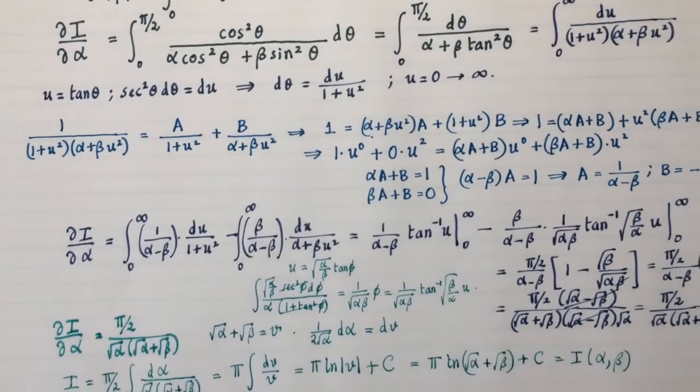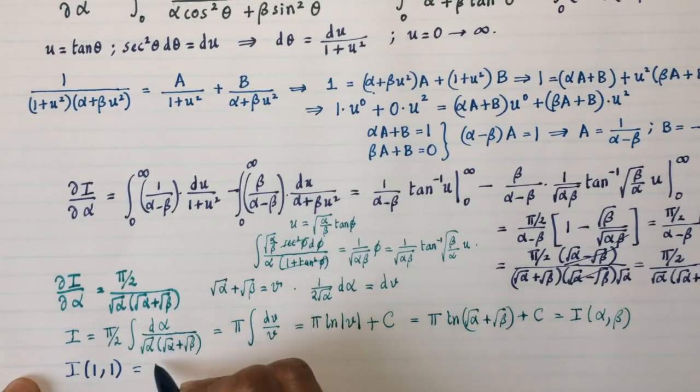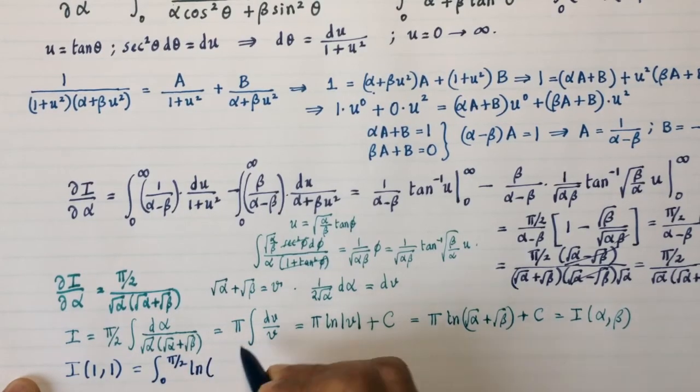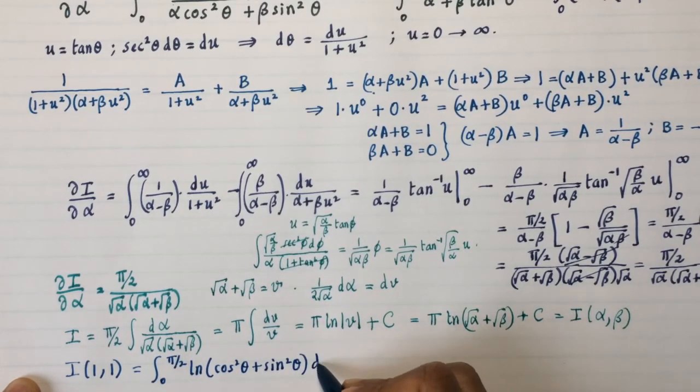So what is I of 1, 1? I of 1, 1 is the integral from 0 to pi over 2, the natural log of cosine squared plus sine squared. That's everybody's favorite quantity. It's equal to 1, and natural log of 1 is 0. The integral of 0 is 0, so I get that equal to 0.